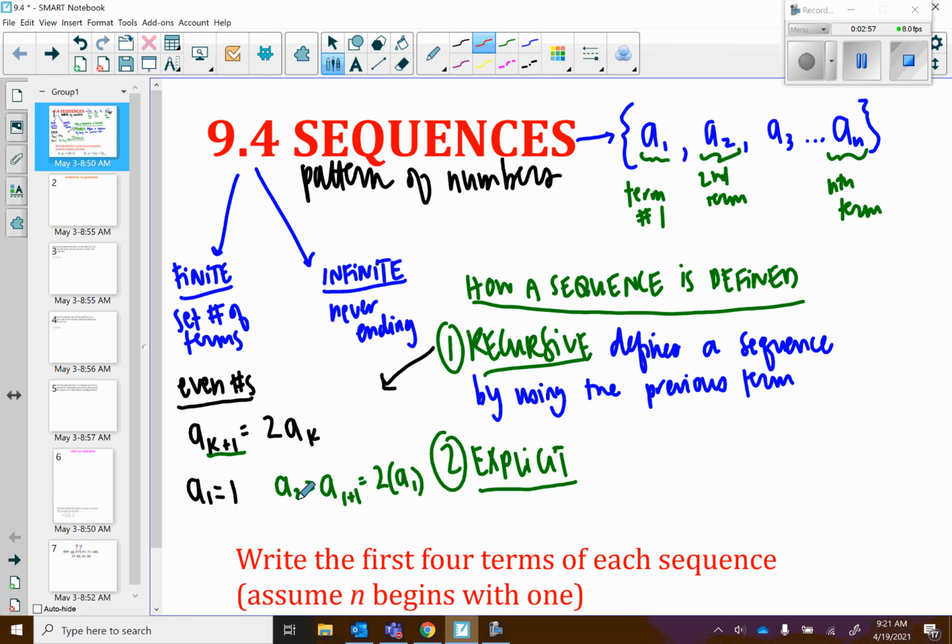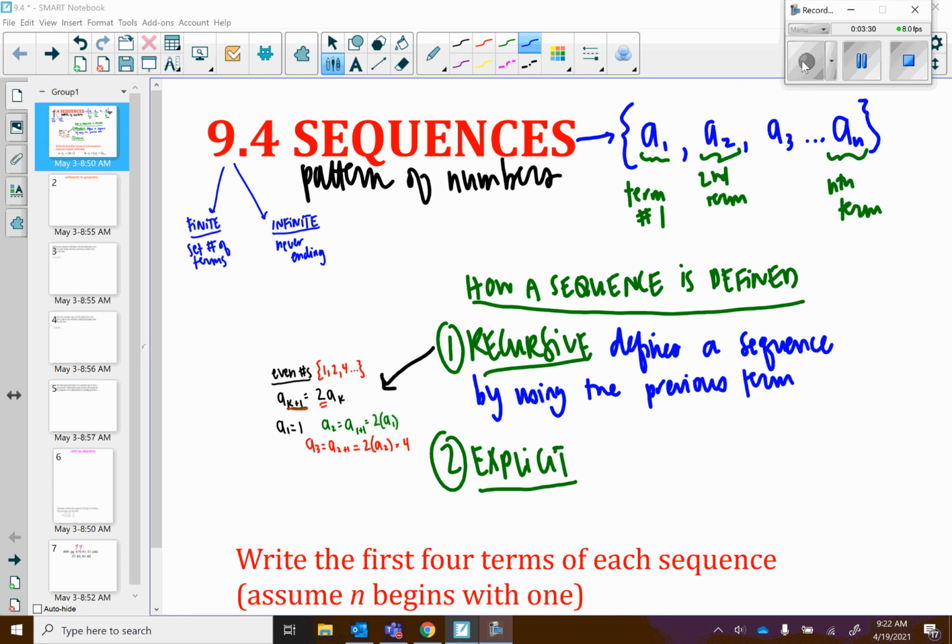So the second term would be 2. And then we would keep going. So this is 1, 2, 4, etc. Or our third term, which is 2 plus 1, so that's a sub k plus 1 is equal to 2 times a sub 2. Or the third term is 2 times the second term, 2 times 2, which would be 4.